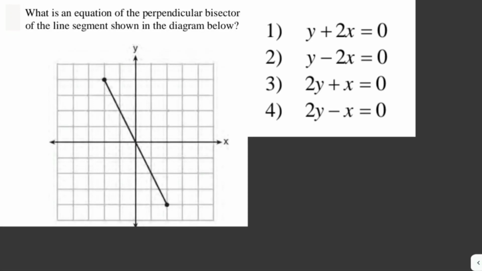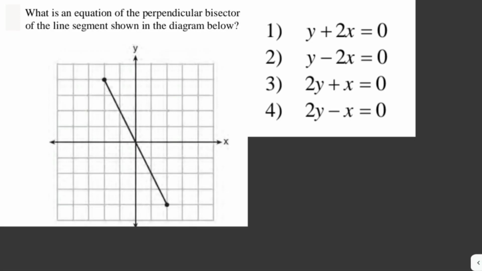What is an equation of the perpendicular bisector of the line segment shown in the diagram below? So, a perpendicular bisector, or a perpendicular line. When two lines are perpendicular, then that means the slope of one line is the negative reciprocal of the slope of the other line.